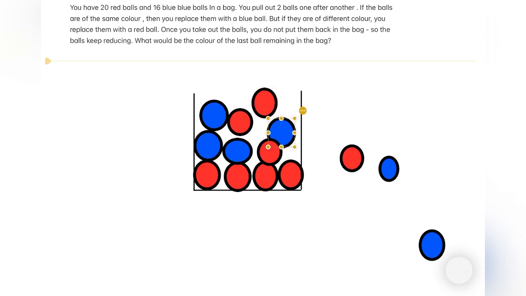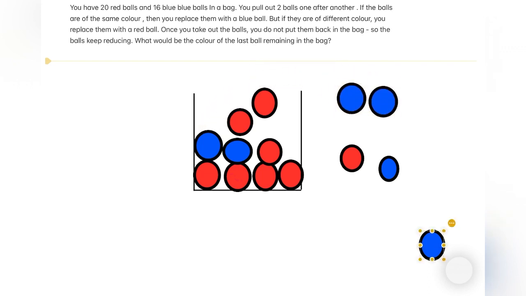Suppose you are bringing out two similar colored balls, then in that case, you will place a new blue ball into the box. So this is the question given.